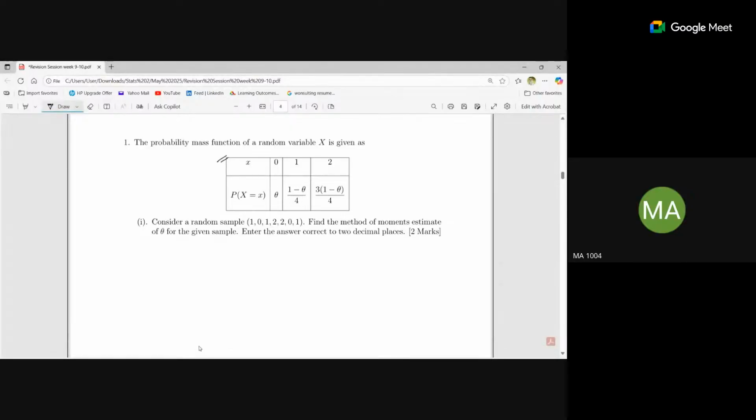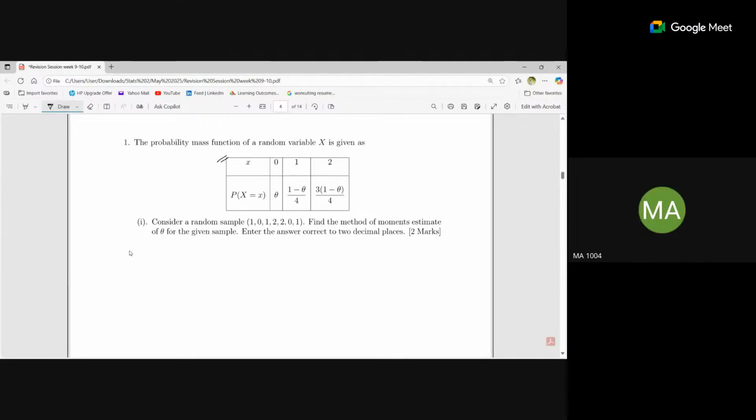Okay. What about the others? Only two of them have solved the question. So theta is coming to be 3 by 7, which is 0.43. Yes, ma'am. Okay, fine. That's good.